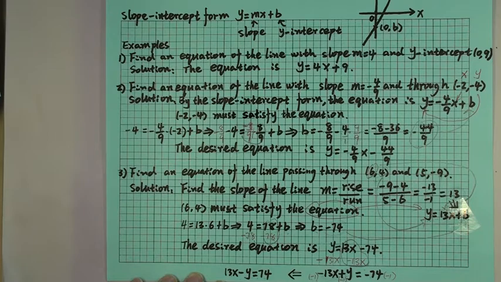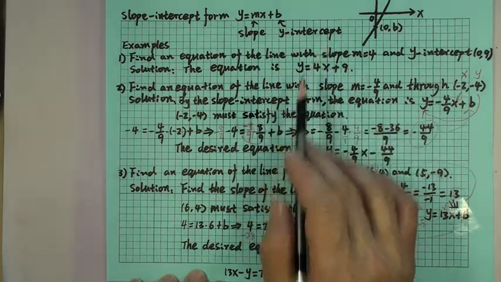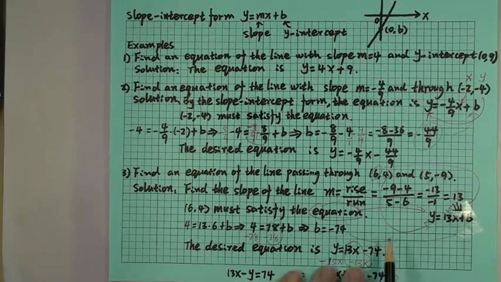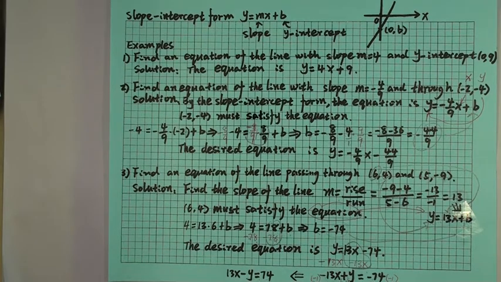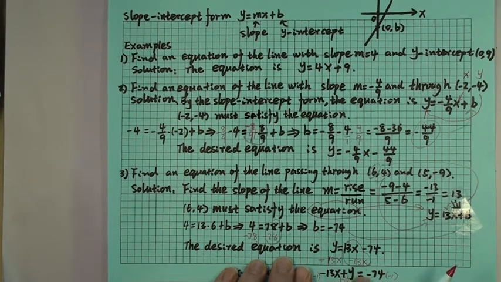Okay, so it depends on what question you are going to answer. Sometimes they desire this one, they want you to put it in slope-intercept form, so you are done here. But sometimes they want you to do it in this form, like here.